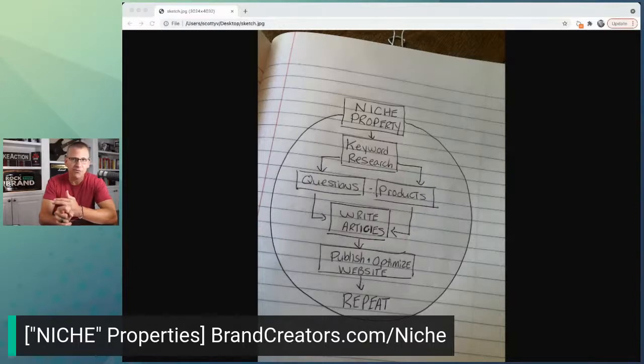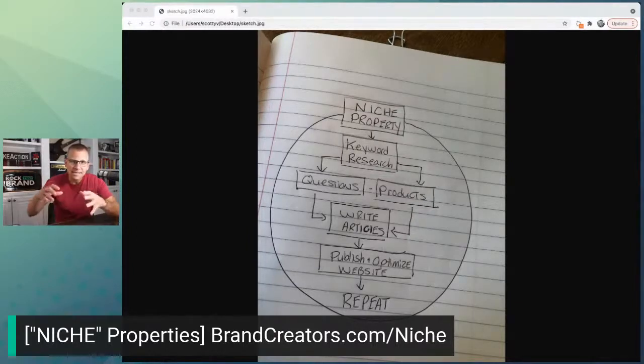Because there's enough out there for all of us. Find the niche, there's plenty of them out there. I have more than I can actually build at this time. From there, validate the traffic, validate that it's being monetized, and then go to work doing keyword research. So the first box in my little diagram in this blueprint is keyword research.